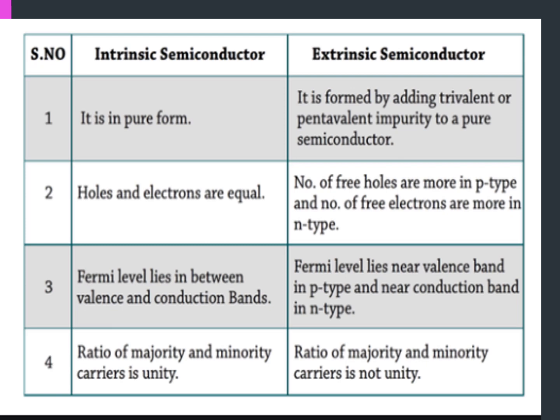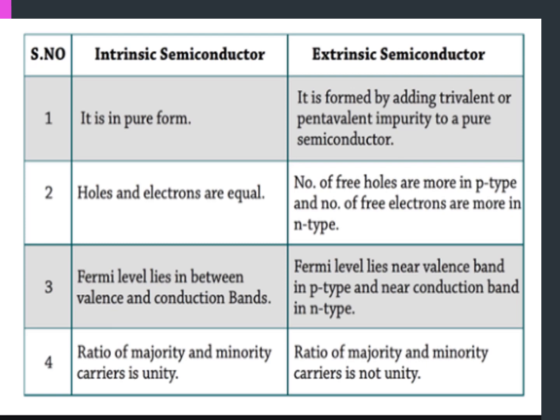Next is the Fermi level. In the energy band diagram, the Fermi level lies where the maximum energy lies. For the intrinsic semiconductor, the Fermi level lies just in between the valence band and the conduction band.